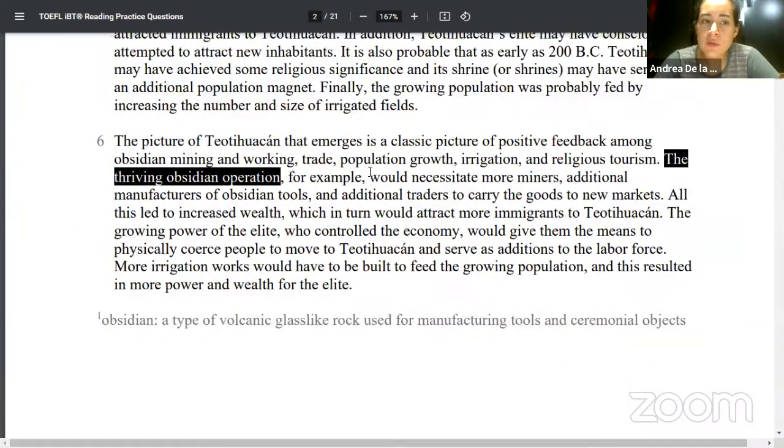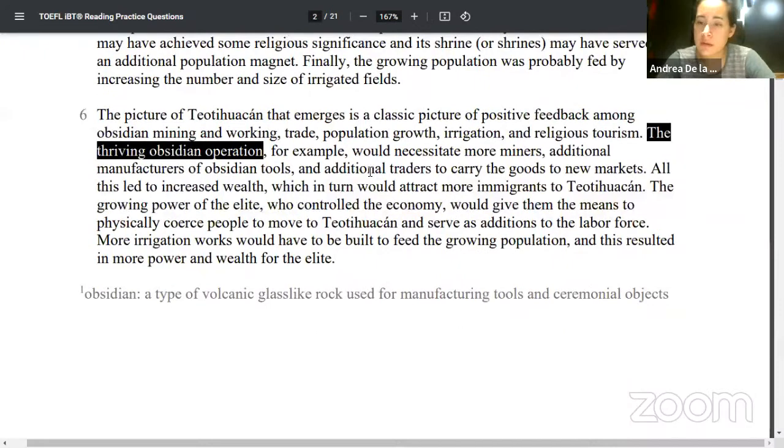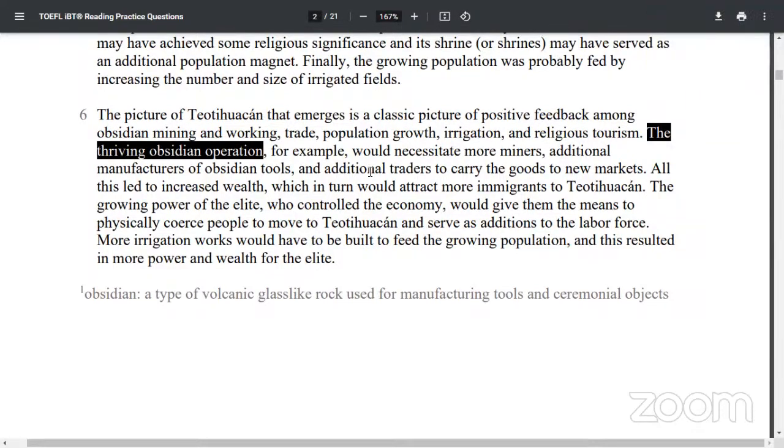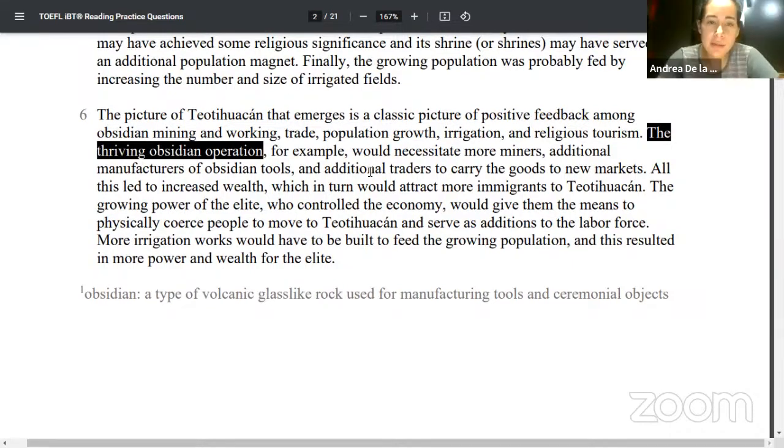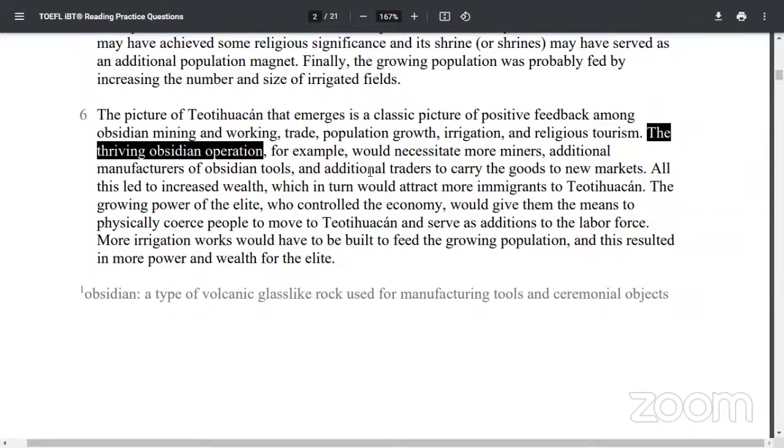And finally, the last one, paragraph 6. Is about the mining and working. You sure it's only about mining and working? Maybe population and religions.